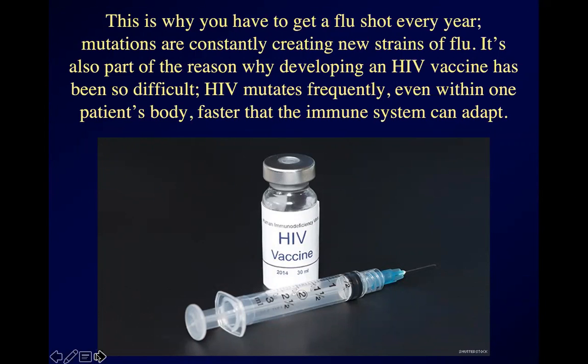HIV mutates so frequently that the human immune system can't adapt, and any vaccine that you got would not be guaranteed to be effective against later varieties of HIV. HIV changes faster than either our vaccine developers or our own bodies can adapt to change with it.